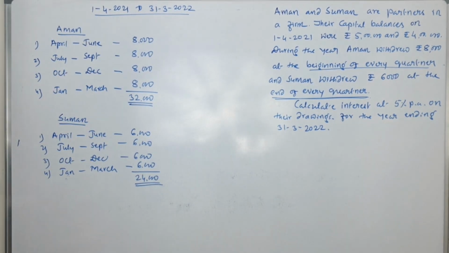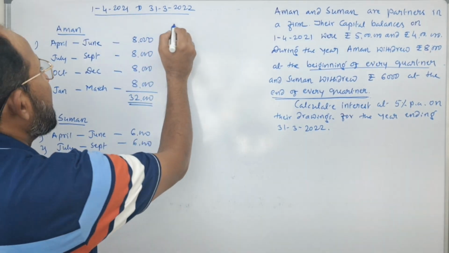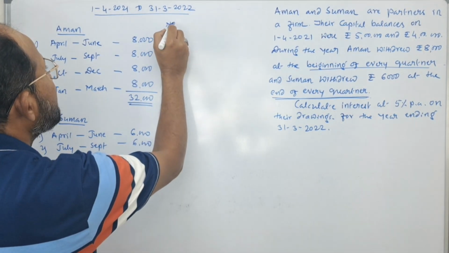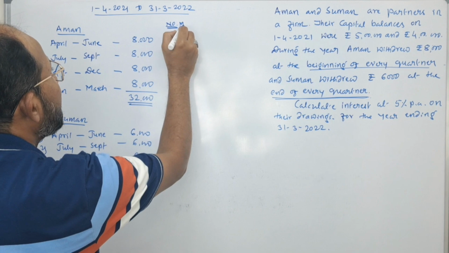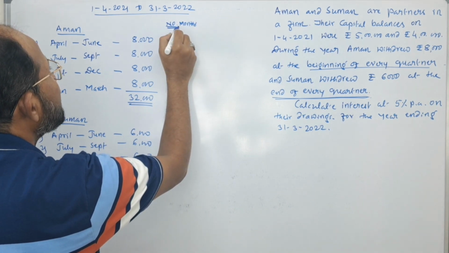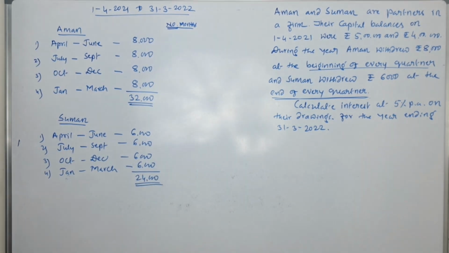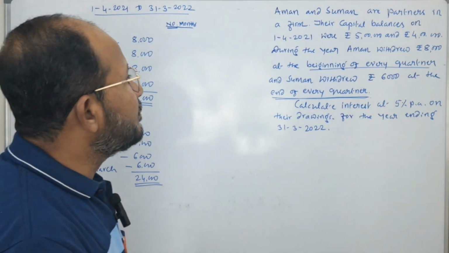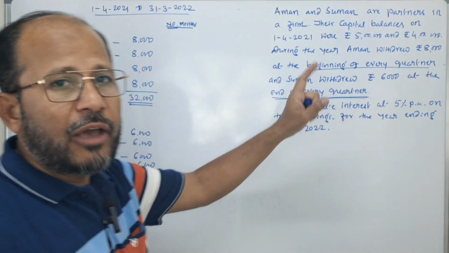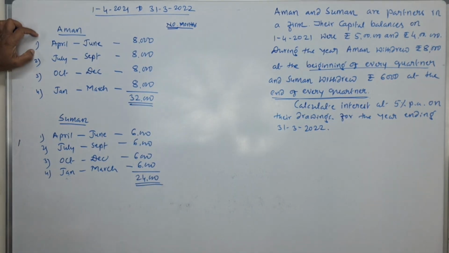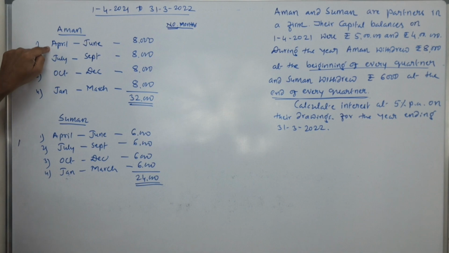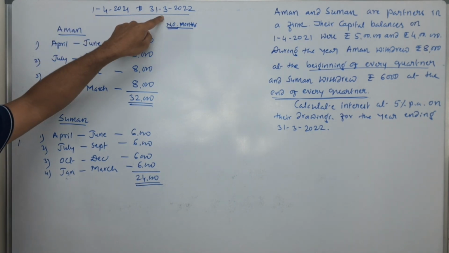Okay, now next important point is the calculation of the number of months for which interest is to be calculated. You see, Mr. Aman has withdrawn the amount at the beginning of every quarter. At the beginning of every quarter means interest is to be calculated from 1st April to 31st March.